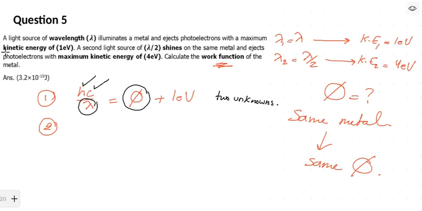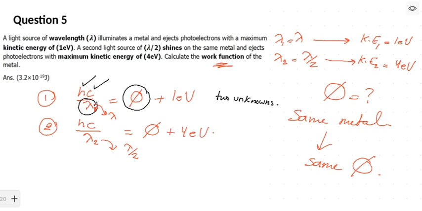So hc over lambda 2, and this lambda 2 is equal to lambda over 2, equal to the same work function plus 4 electron volt. Is it clear? Here we had lambda 1, here we have lambda 2. Same issue, I have two unknowns.